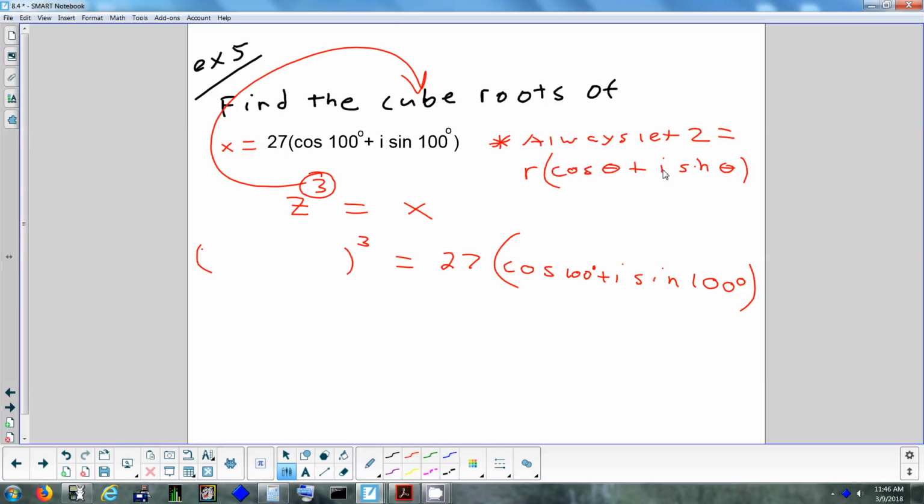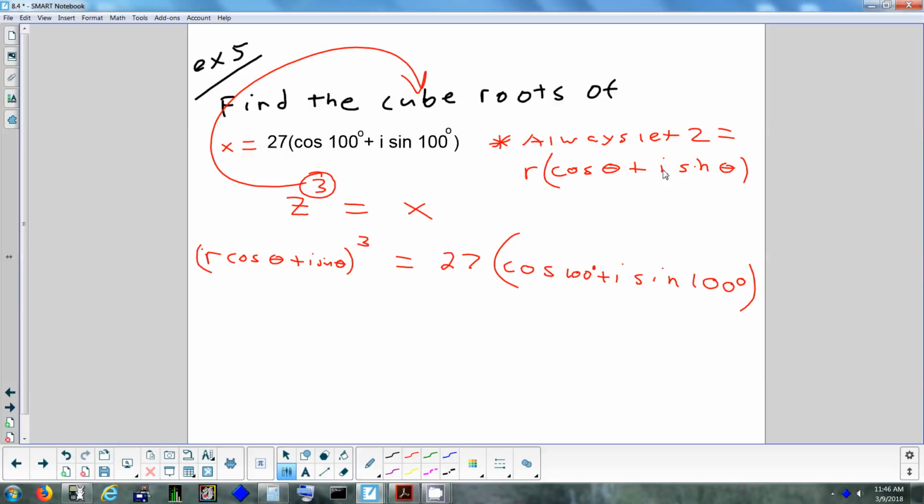That is always what you plug in for z. Now, there's not much we can really do on the right-hand side, but we can do out the left-hand side. That's DeMoivre's theorem, raising this to the 3rd power.